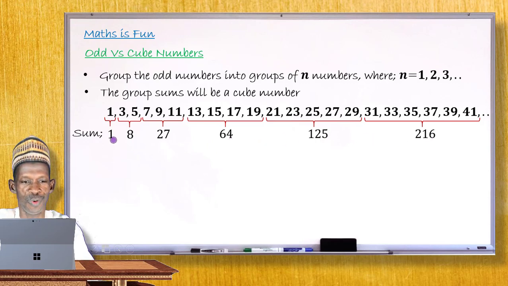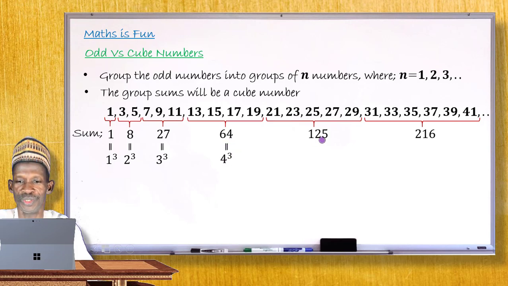Of course, 1 can be written as 1 raised to 3. So what is a cube number? 8 can be written as 2 raised to 3. Therefore, 8 is a cube number because it can be written in index form with the power 3, that is, something raised to the power of 3. Let me check 27. 27 is another cube number because it can be written as 3 raised to the power of 3. 64 is another cube number because it can be written as 4 raised to 3.